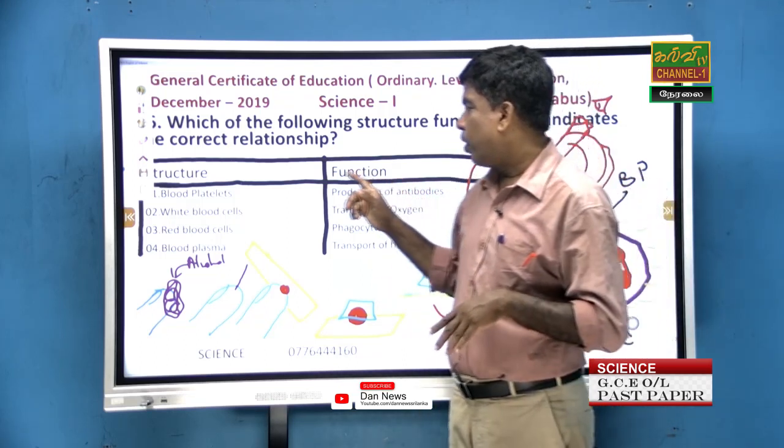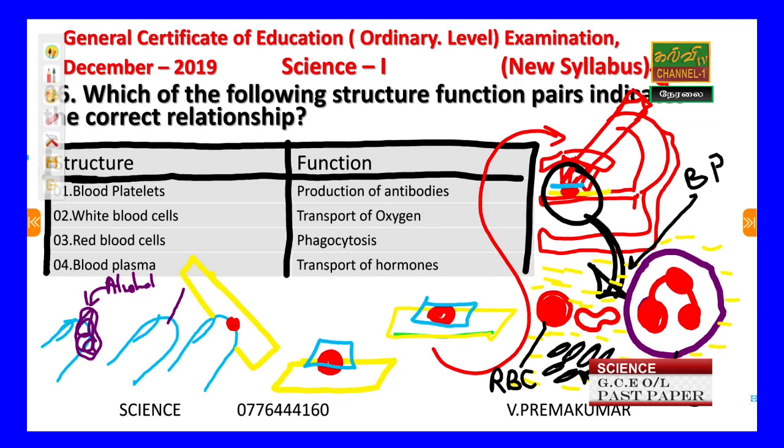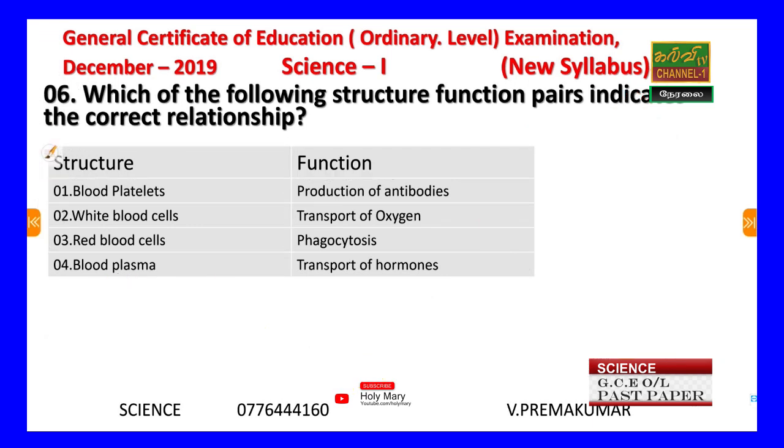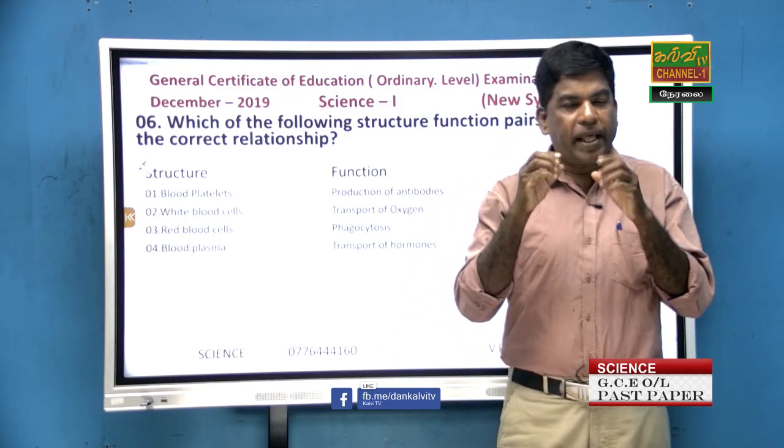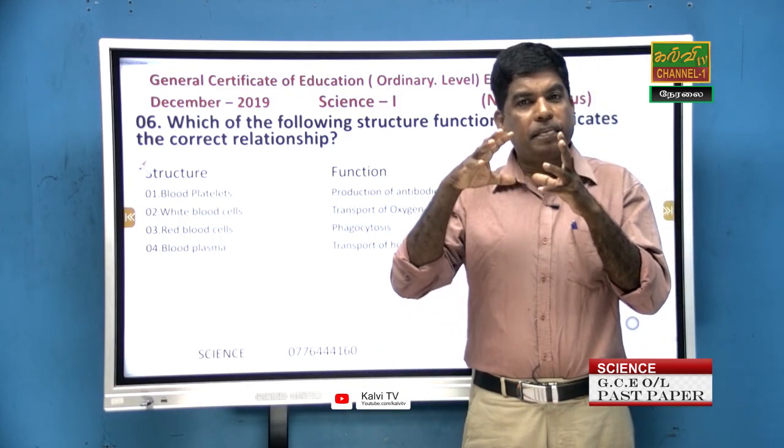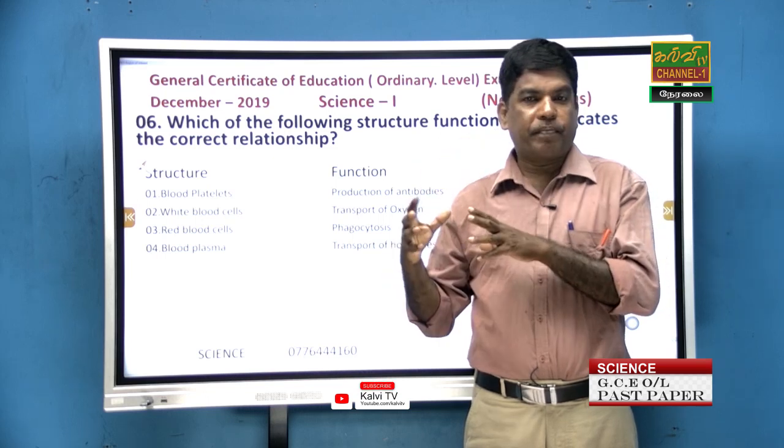Now the question is, which of the following structure-function pairs indicates a correct relationship? Blood platelets, production of antibodies. Blood platelets are important for blood clotting.